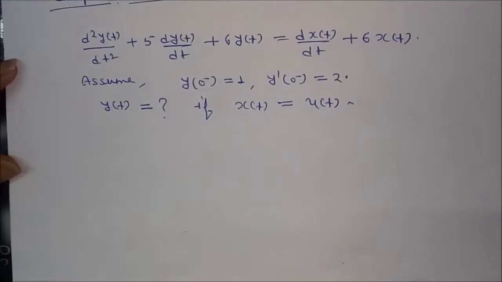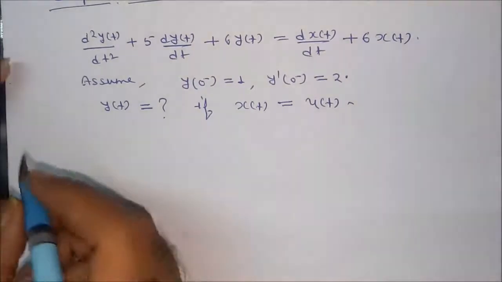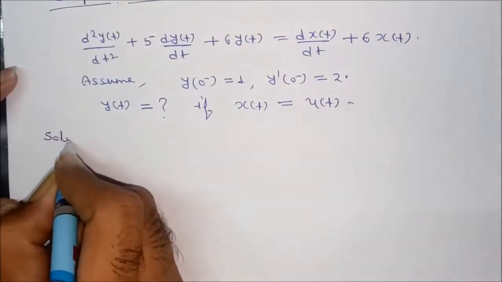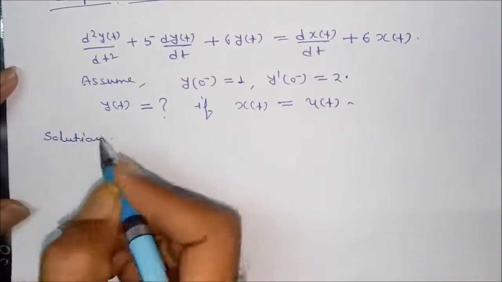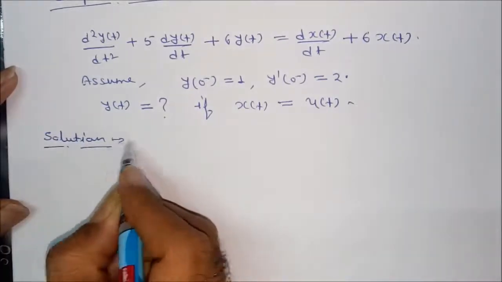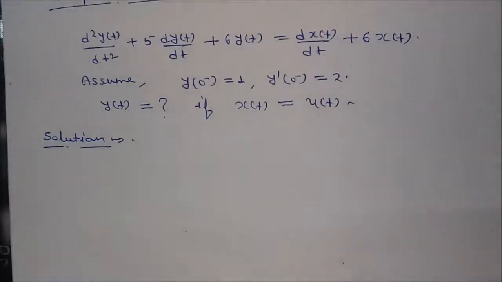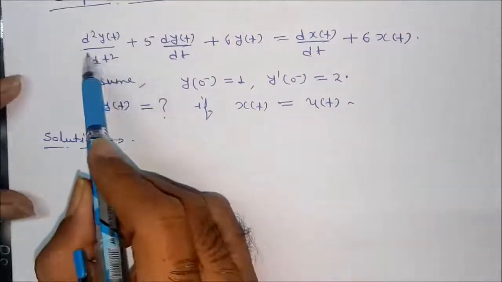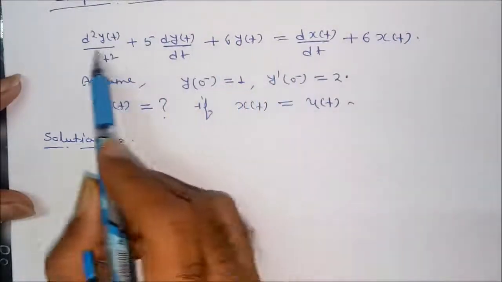Now see, I'm not going to solve this question. We have taken this problem to understand different things occurring in a transient analysis. If I'm going for the solution, as it is a differential equation, the solution must be done in the Laplace domain to make things easy. So I'm taking the Laplace transform of this equation.